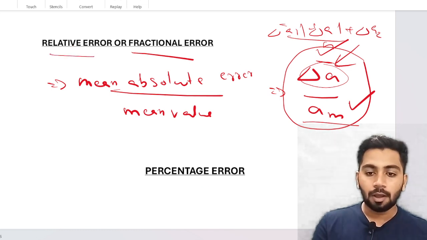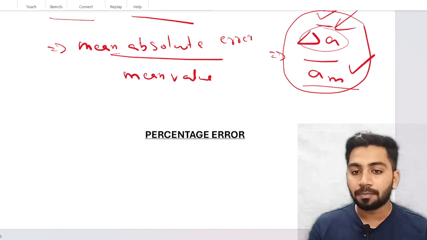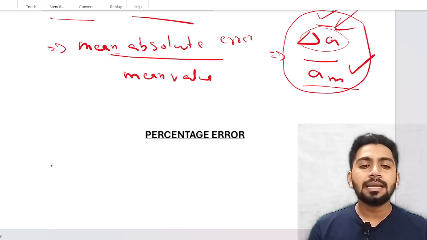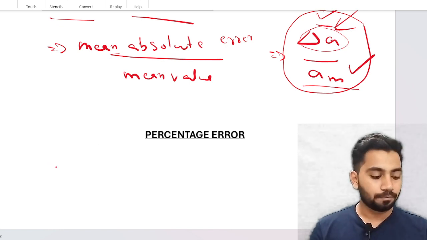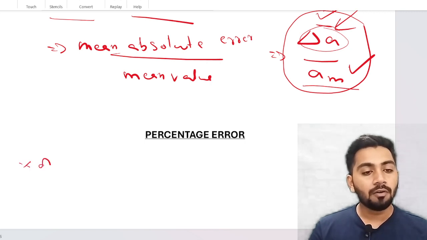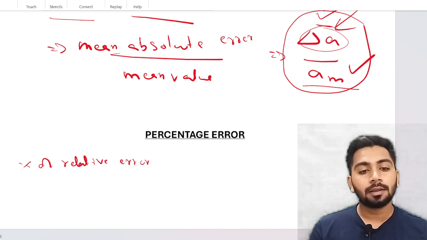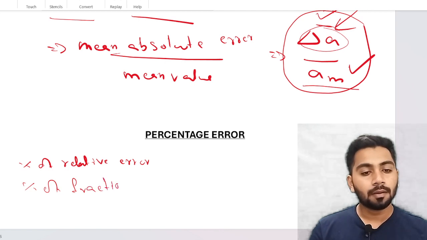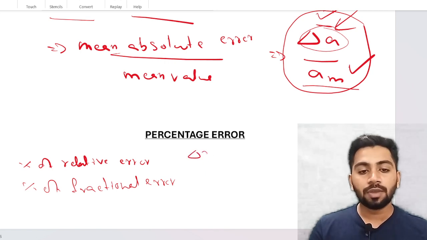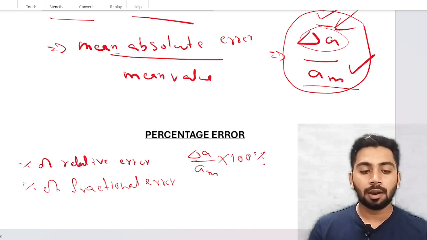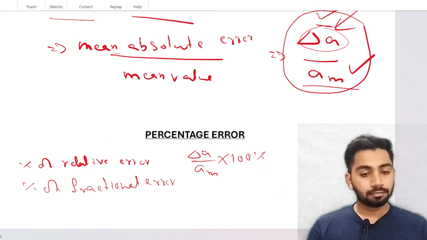Okay, now one more thing, percentage error is very simple. It is percentage of fractional error or relative error. Just now we got fractional error, so percentage error is fractional error into 100.